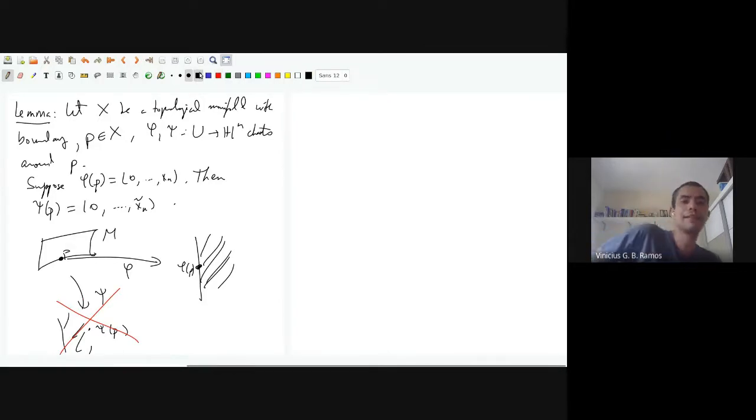How do you prove this? The proof is not very hard, but if you don't know algebraic topology, then maybe it's not as easy as it seems.